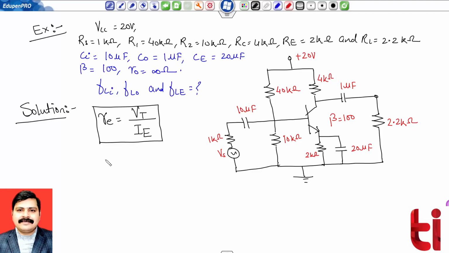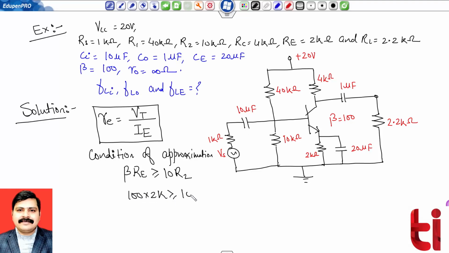So let us check the condition of approximation, and it was beta times Re should be greater than or equal to 10 times R2. So 100 multiplied by 2k should be greater than or equal to 10 multiplied by 10k, and we can see that 200k is greater than 100k, so the condition is valid. That means we can use the approximate analysis.